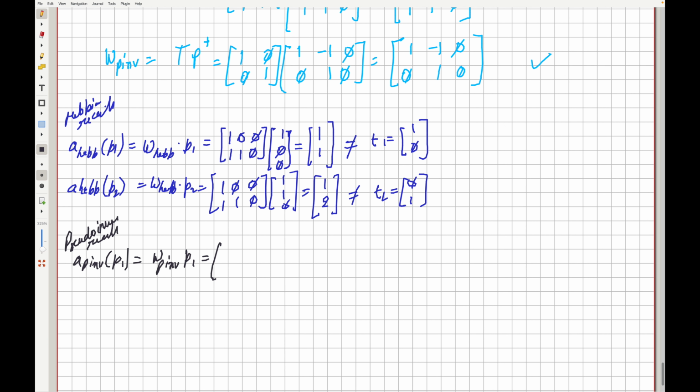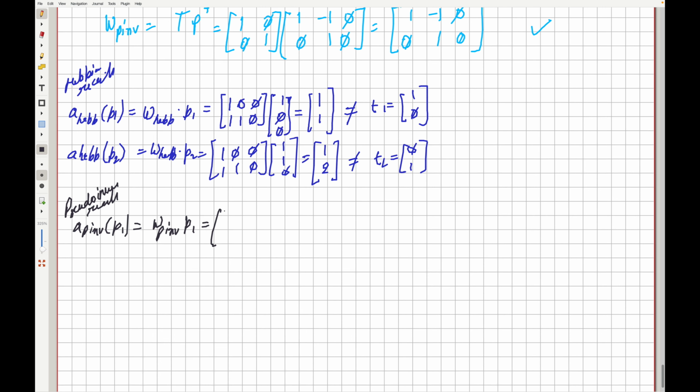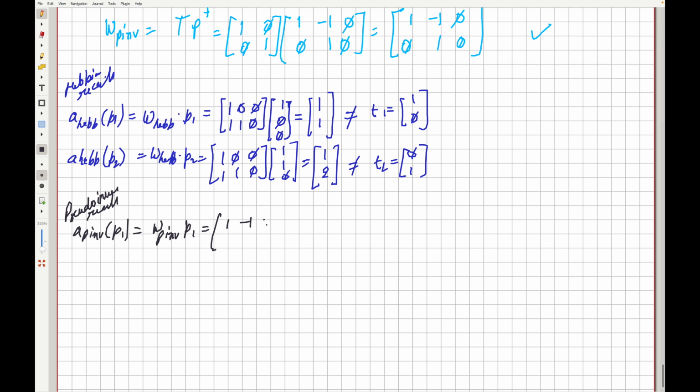So our W PINV is right above, which is 1 -1 0 0 1 0, and we dot that with P, which is 1 0 0, and so that gets us 1 times 1 is 1, and this is 0, and the next one is 0. So the first value is 1. In the second case we have 0 0 0, so this is 0, and as you can see, that is a perfect match with T1 that equals 1 0.